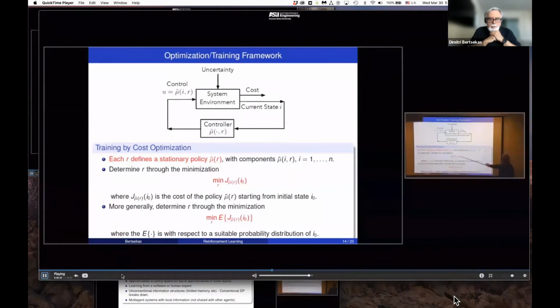So this is the case where you have a single initial state. This is the case where you have multiple initial states and you take an average between them. Okay, so now the key question is how do you solve this problem? That's the training problem.